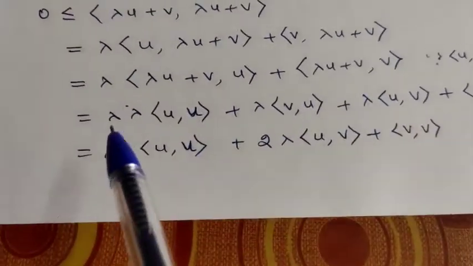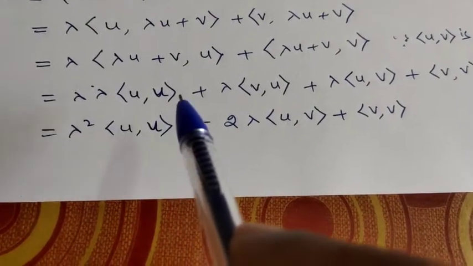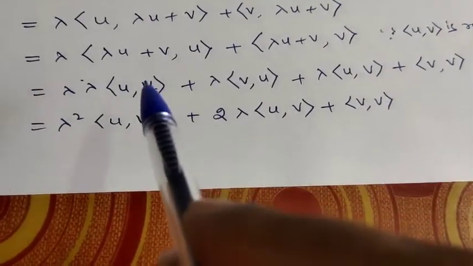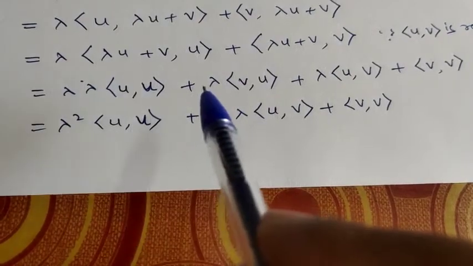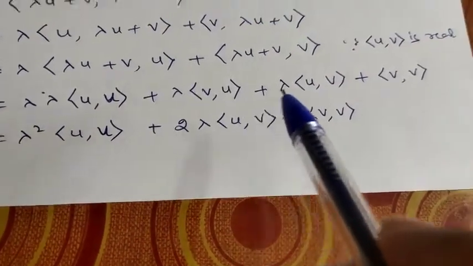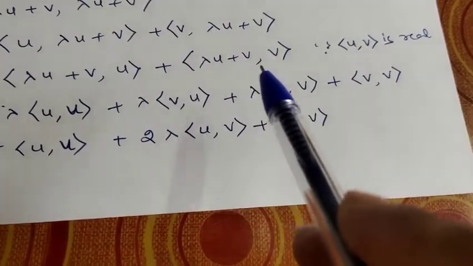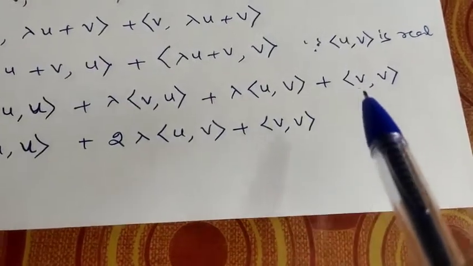So this is equal to, lambda can be taken out, lambda into lambda u comma u, plus lambda into v comma u, plus again lambda into u comma v, plus the inner product of v comma v.